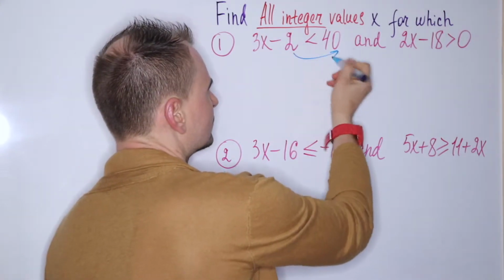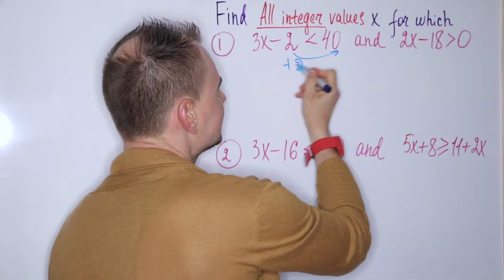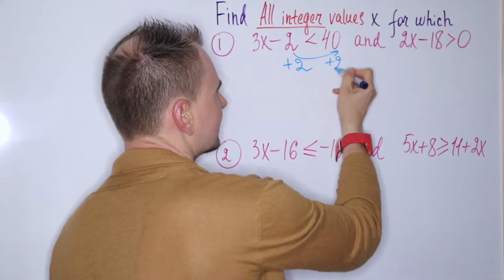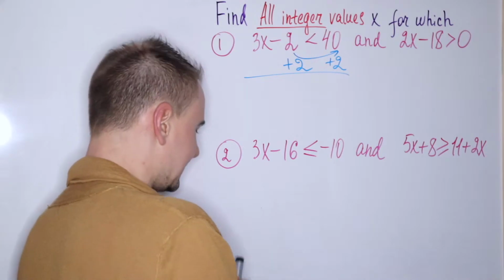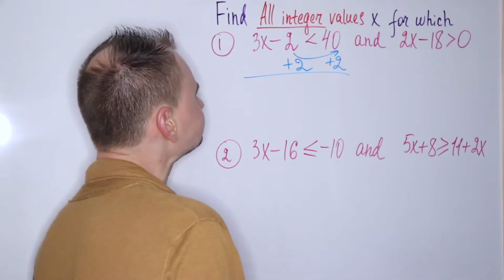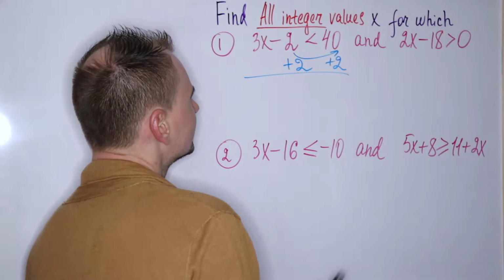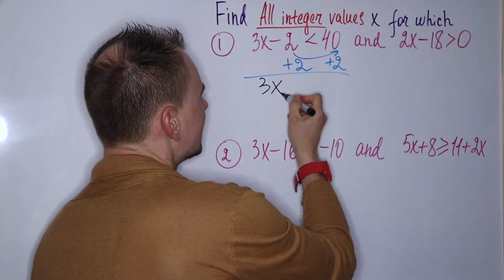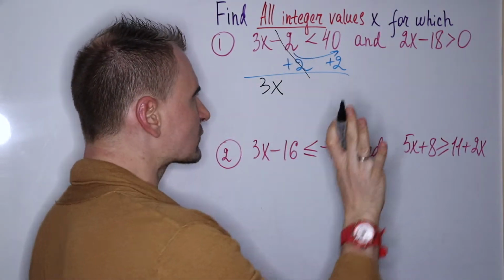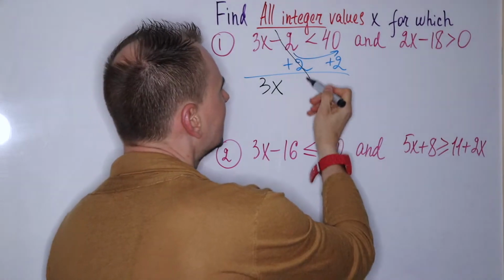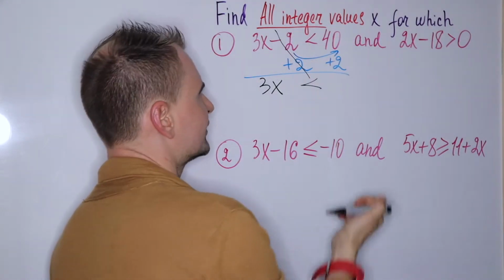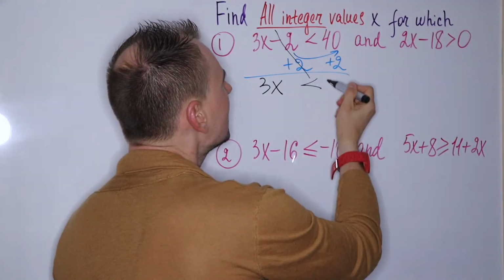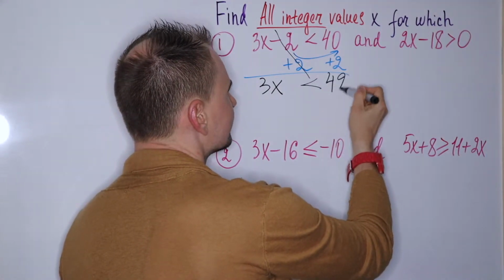So bring down this 3x. Now the 2 and -2 go away, they disappear. Bring down the inequality sign, and 40 plus 2 gives you 42.